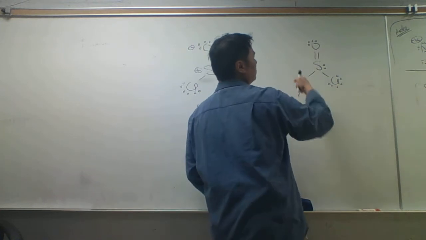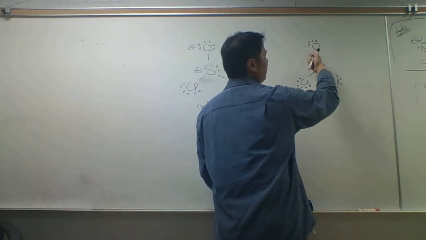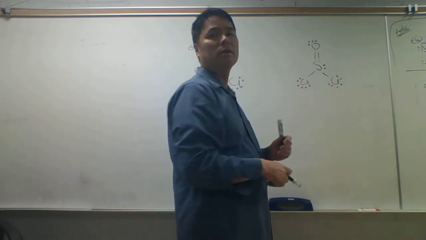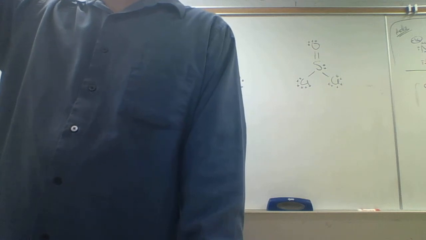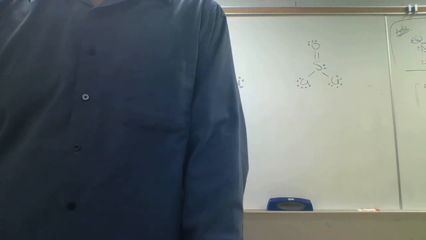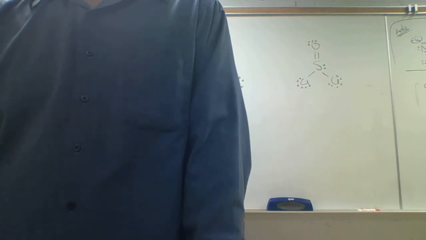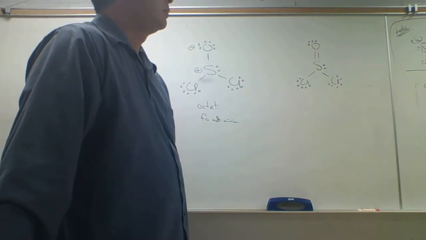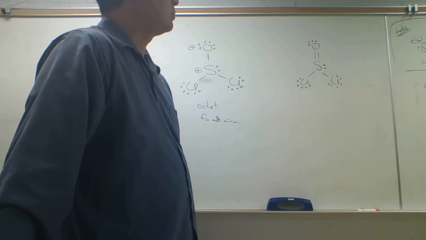These are all zeros. But that means sulfur has to accommodate 2, 4, 6, 8, 10 electrons. Well, that's okay because sulfur is in the third period, and elements in the third period and lower can accommodate more. We'll talk more about this, why that is, or what other information there is.